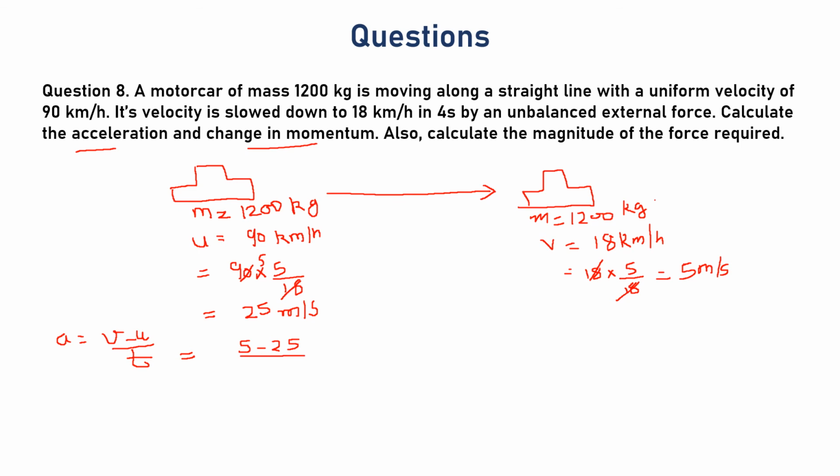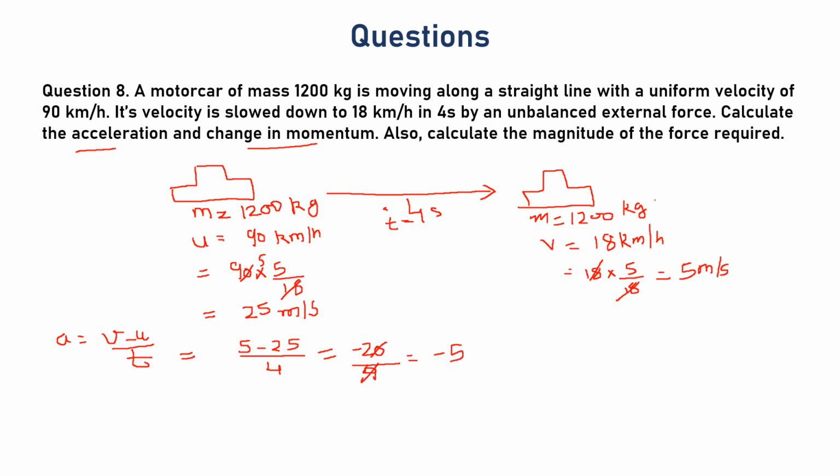The time here is 4 seconds. Here we have to write 4 seconds is the time taken. So you can write in this diagram 4 seconds, right? So 5 minus 25 is minus 20, divided by 4. So you will get minus 5. So acceleration is coming minus 5, right?